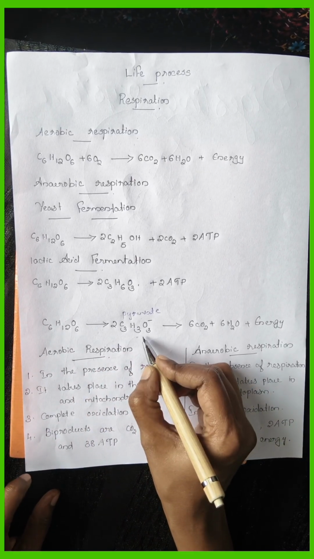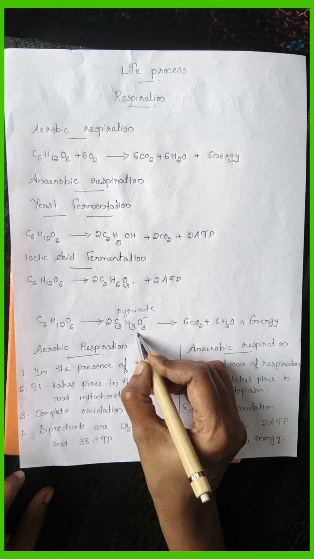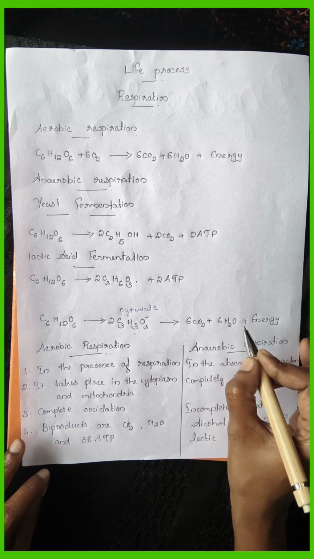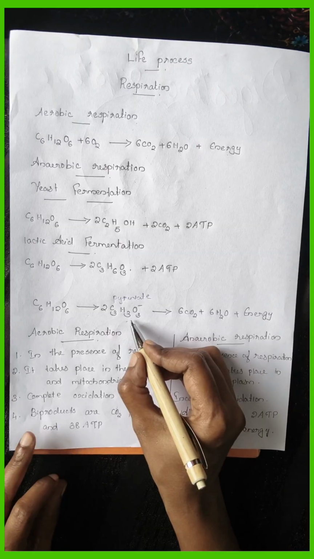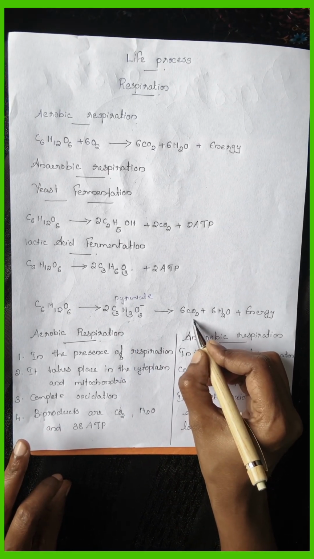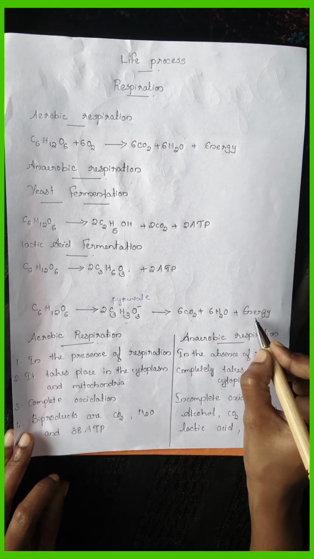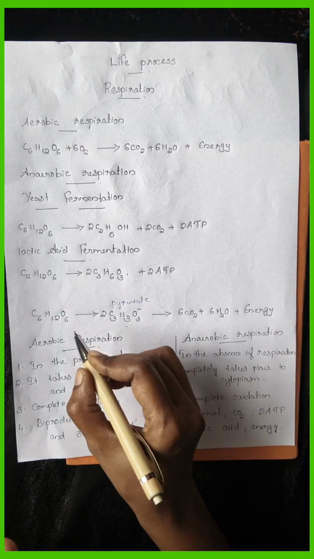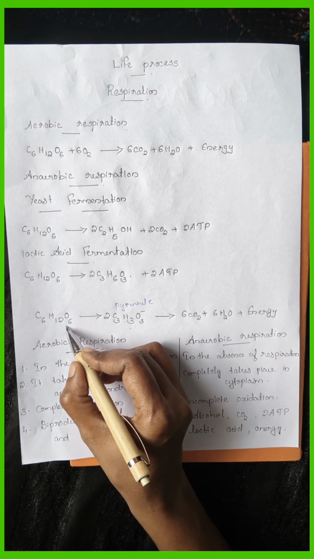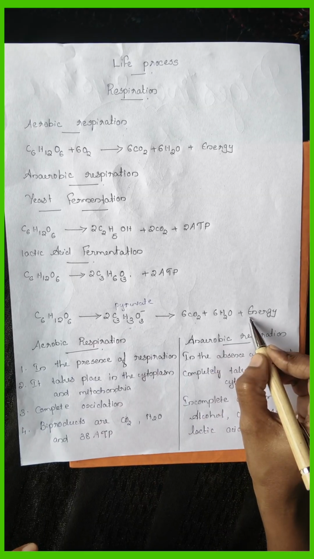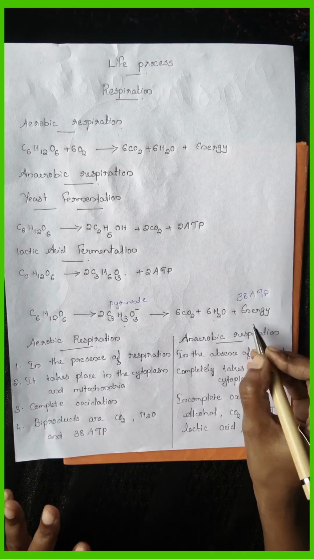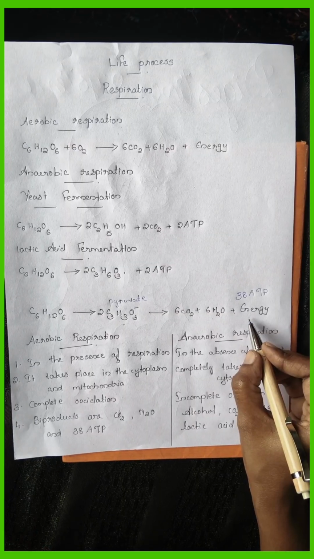Then if oxygen is available, this pyruvate moves from the cytoplasm into the mitochondria. In the mitochondria, pyruvate is converted into carbon dioxide, water and energy. So in the mitochondria, energy is released. As we know, aerobic respiration is complete oxidation, so 38 ATP molecules are formed, meaning energy is formed.